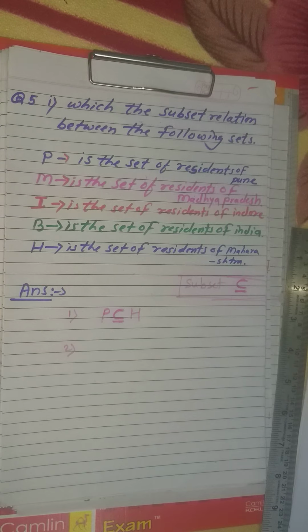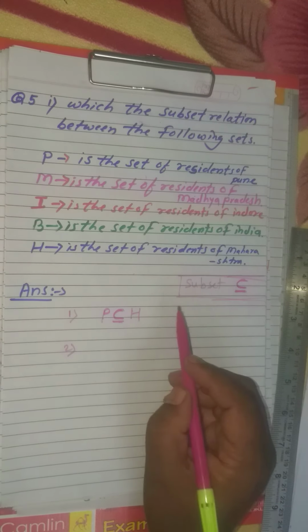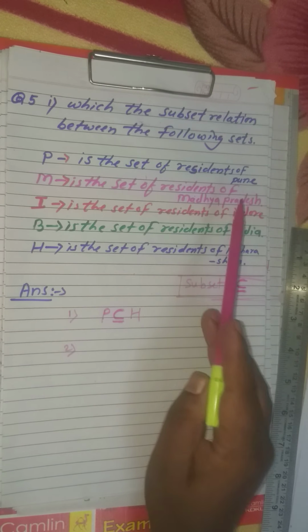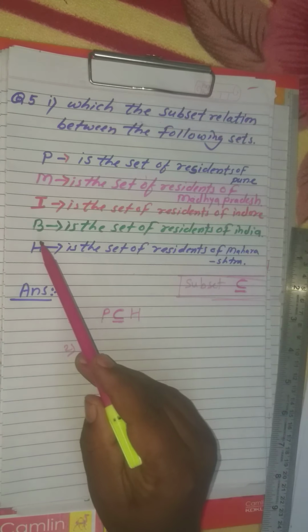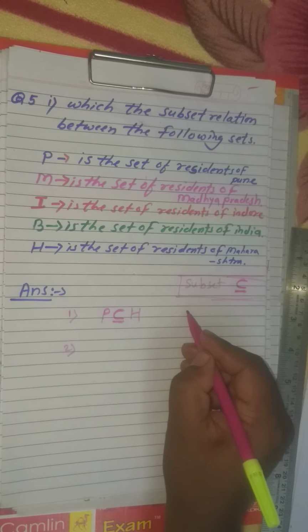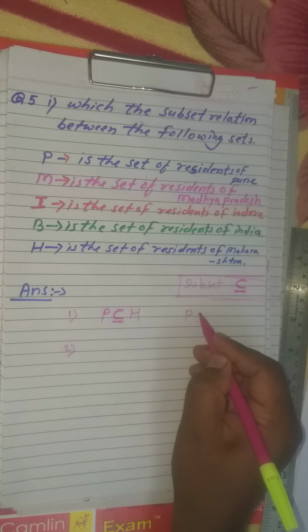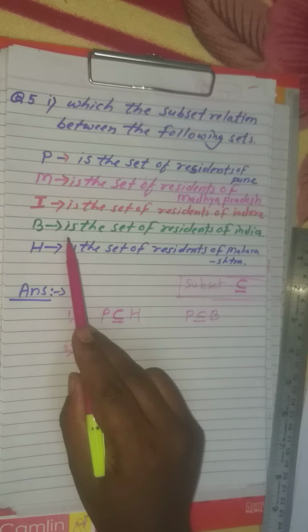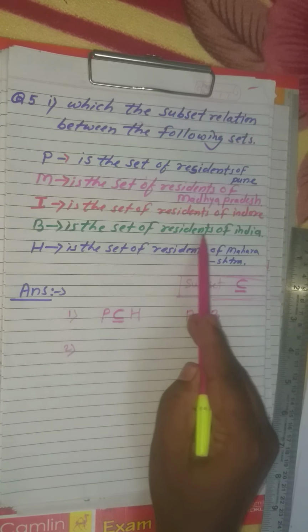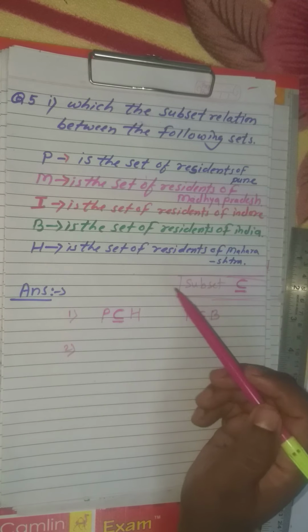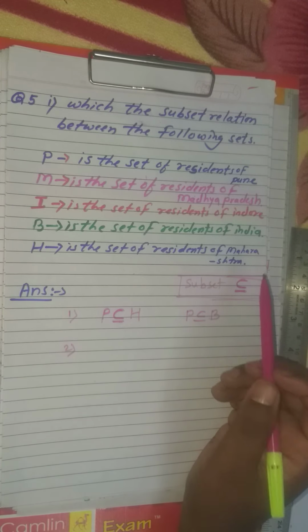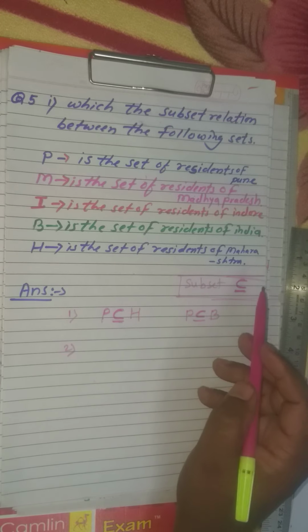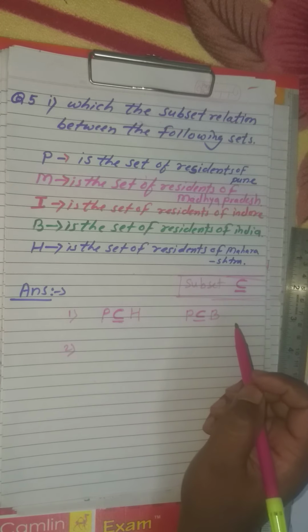Also, the first set P, residents of Pune, comes under set B. So we can write: set P is a subset of set B also. Set B is the set of residents of India. That means all the residents are inside set B, that is, inside India.